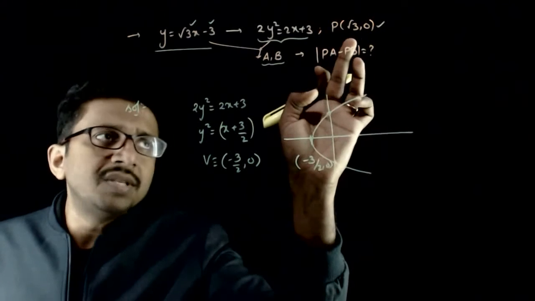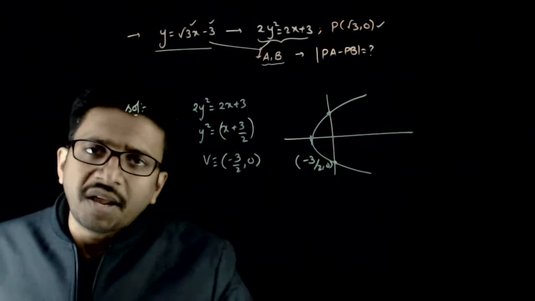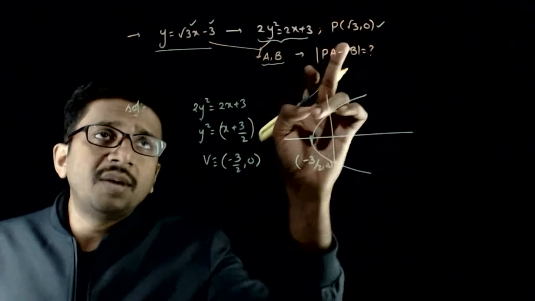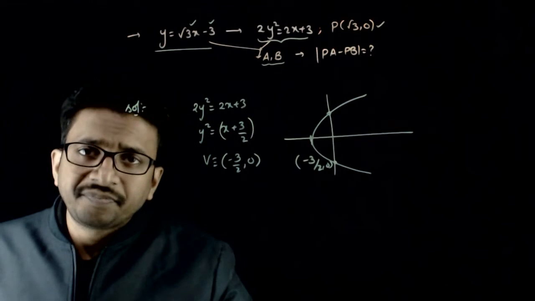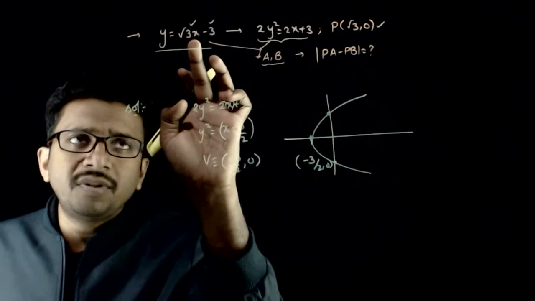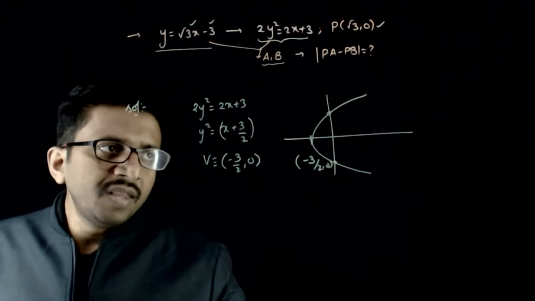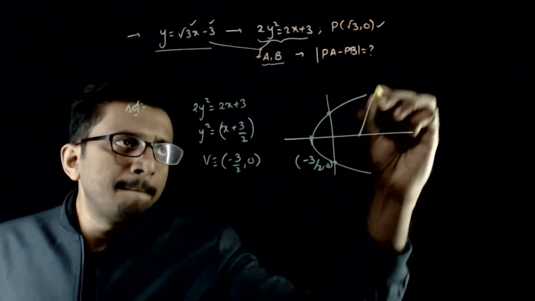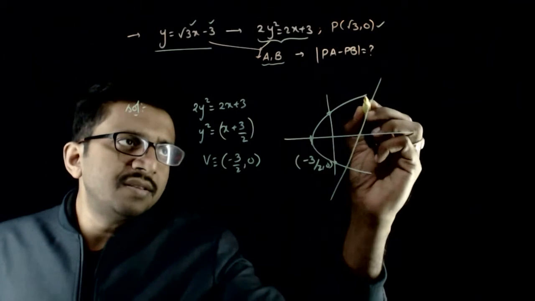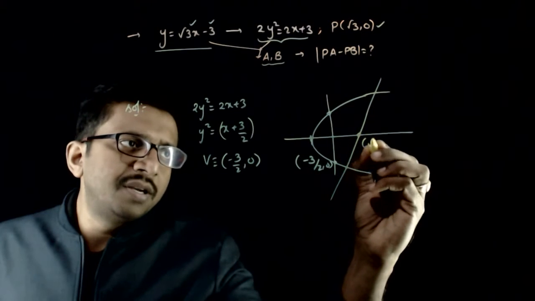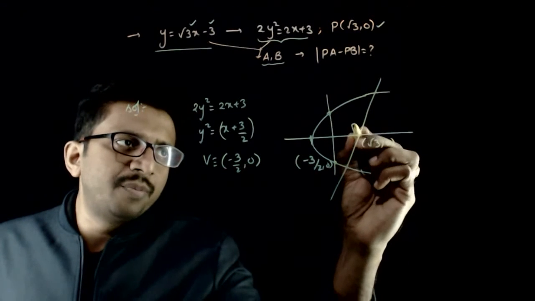If you observe closely, this point (root 3, 0) satisfies this line, because if you substitute x is equal to root 3, root 3 into root 3 minus 3 is equal to 0. That means the line might look something like this, and this point is root 3 comma 0, which is the given point P.